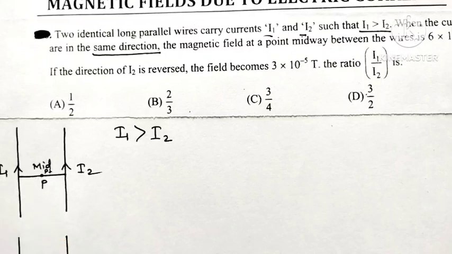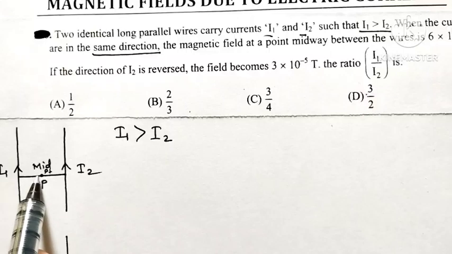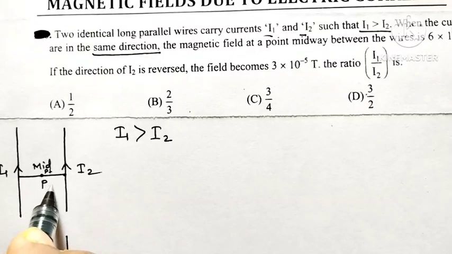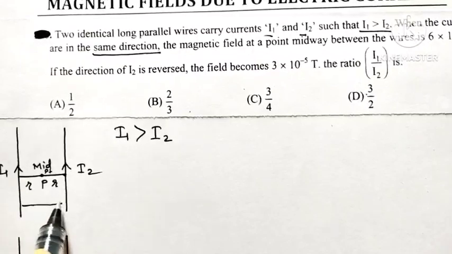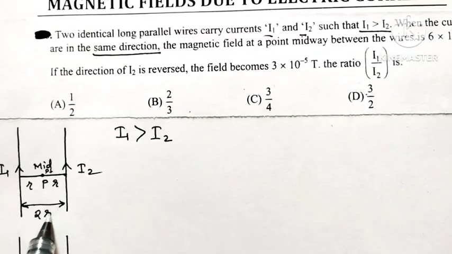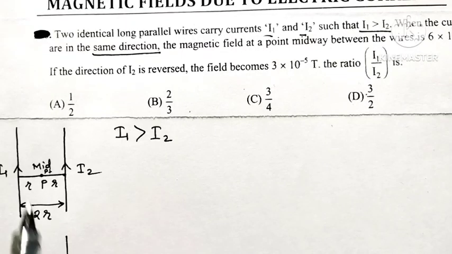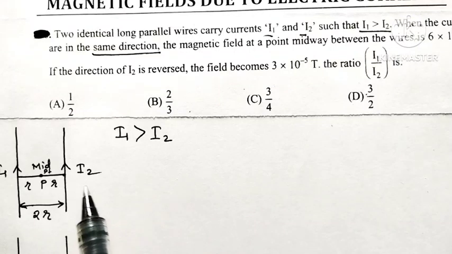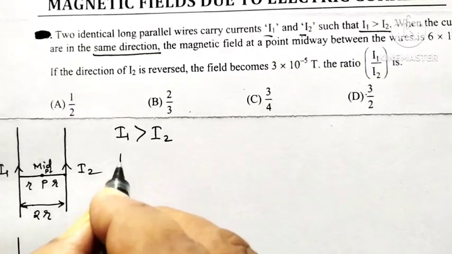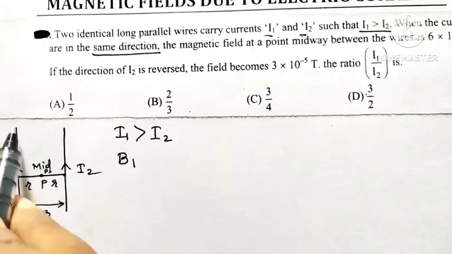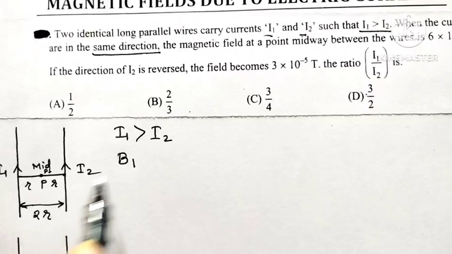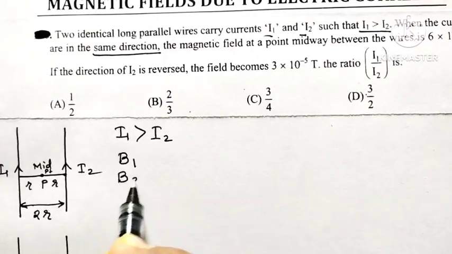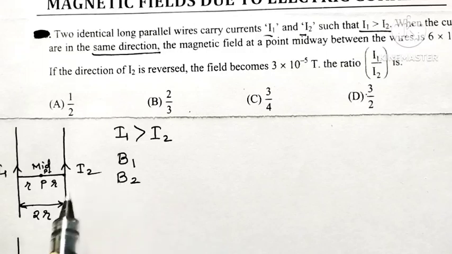So suppose P is a point midway between the two wires, meaning both wires are at the same distance R and R, so the distance of separation between the two parallel wires is 2R. Whenever two parallel wires carry current in the same direction, the magnetic field B1 is produced by current I1 and B2 is the magnetic field produced by the other conductor which carries current I2.